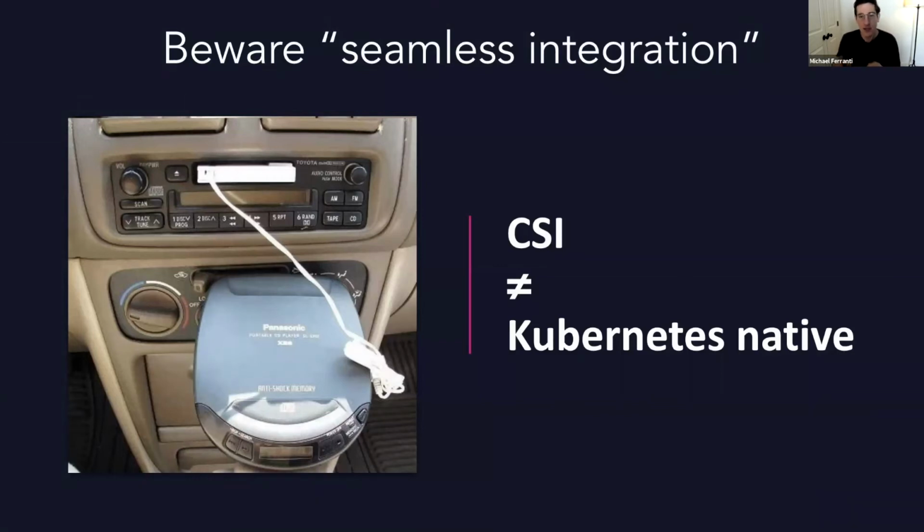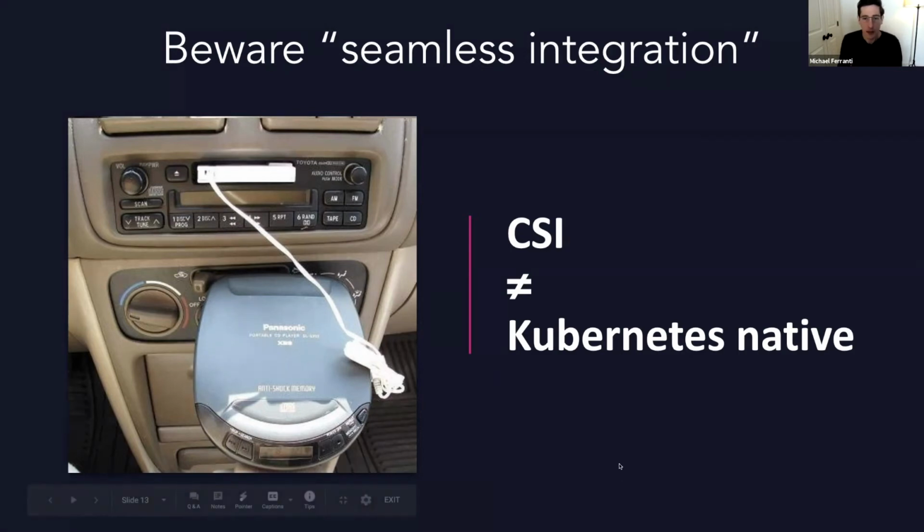Basically, just CSI isn't enough. You need to make sure that you're actually understanding the behaviors of your Kubernetes environment, and that your storage system can actually keep up with the scale and the dynamism of your environment.